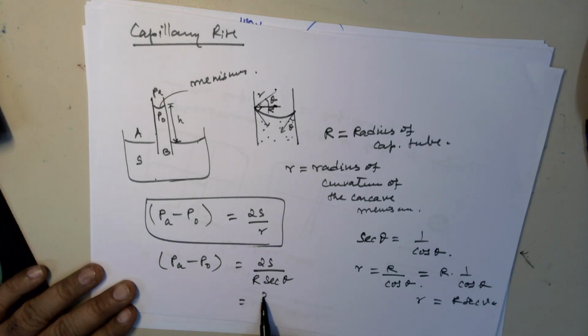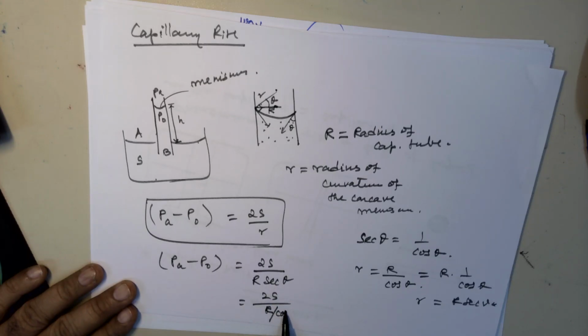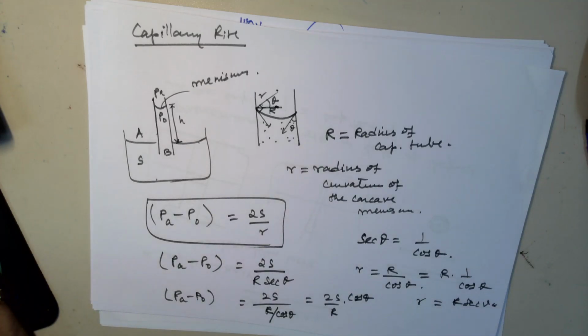Follow me carefully. 2S divided by R, and put secant theta is nothing but 1 by cos theta. Therefore, 2S by R into cos theta. So that is equal to PA minus PO. So PA minus PO is nothing but 2S divided by R into cos theta.